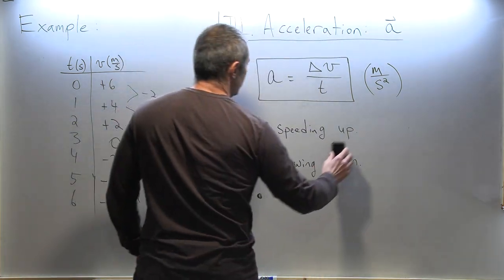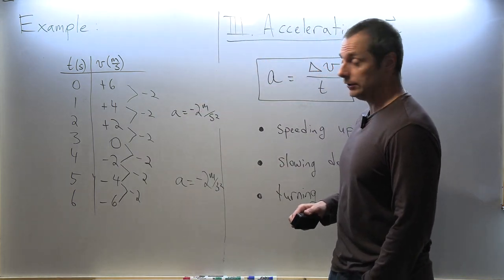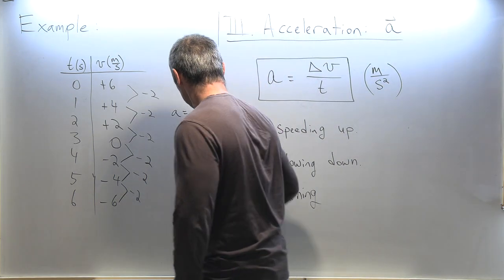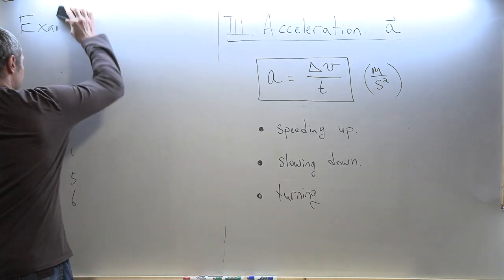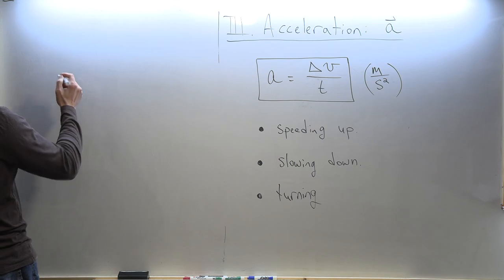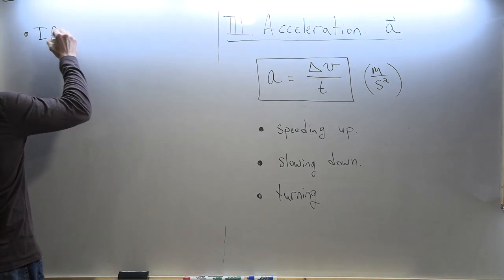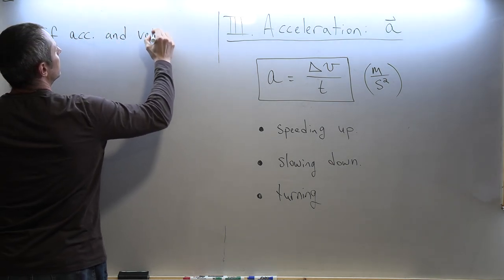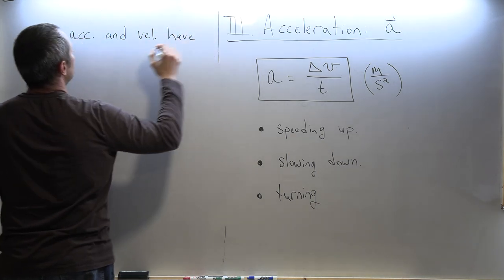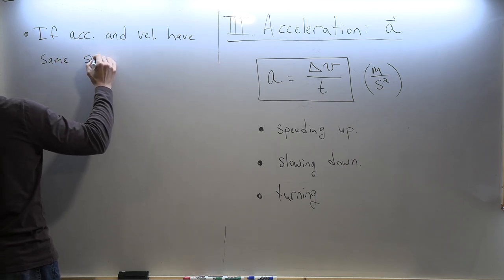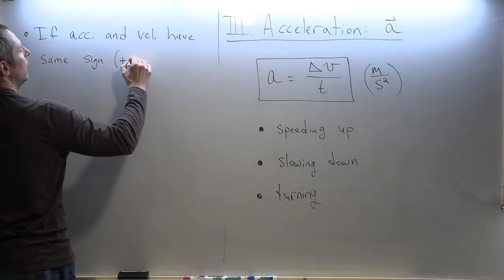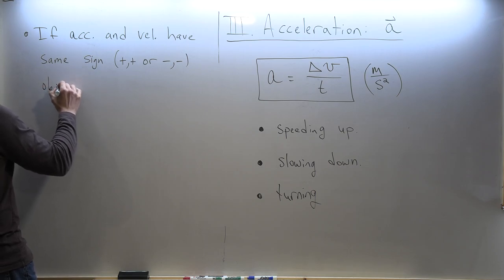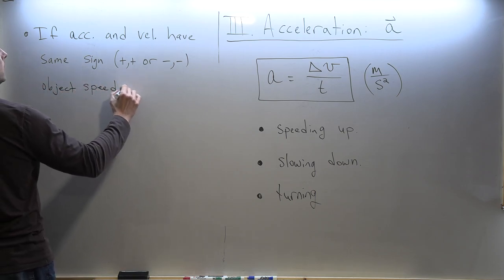Well, all right. Maybe I'll pause here and let you get a chance to copy this down in your notebook. So if acceleration, I'll just put ACC, and velocity have the same sign, and what I mean is plus, plus, or negative, negative, the object speeds up.